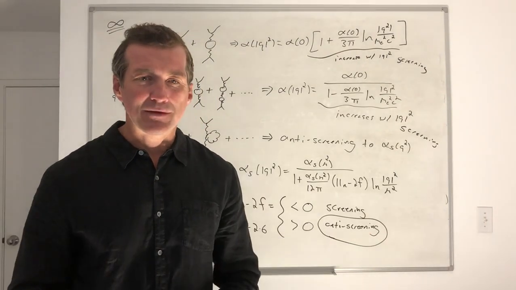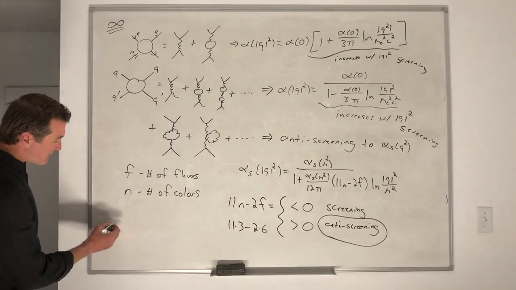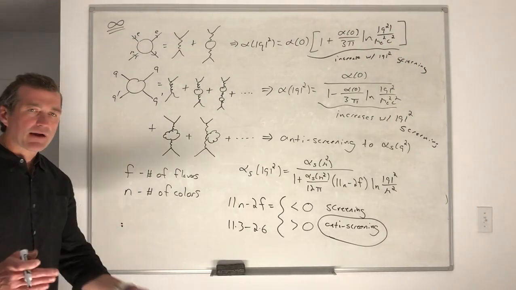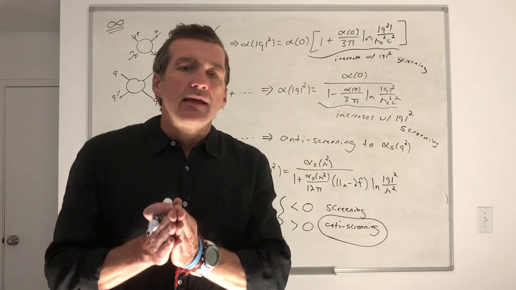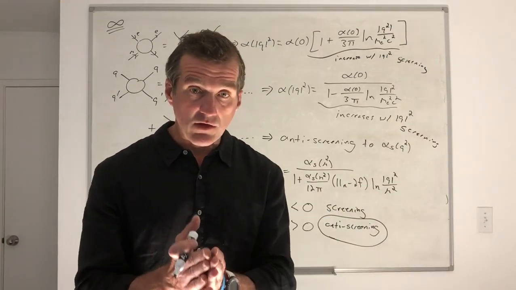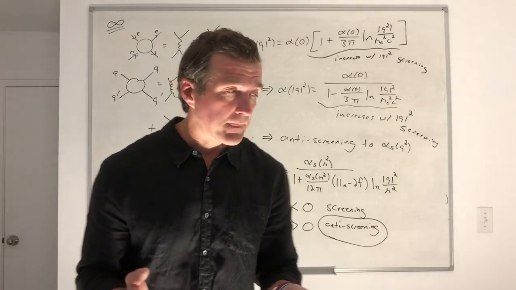This has a profound implication, because imagine this. If I take 2 quarks and put them very close together, and close together is synonymous with large energies. To get things really close together at really small distances, you have to use a lot of energy.